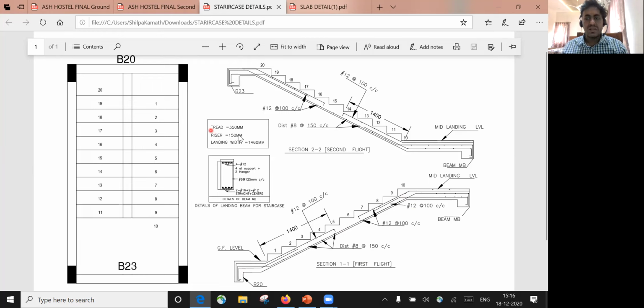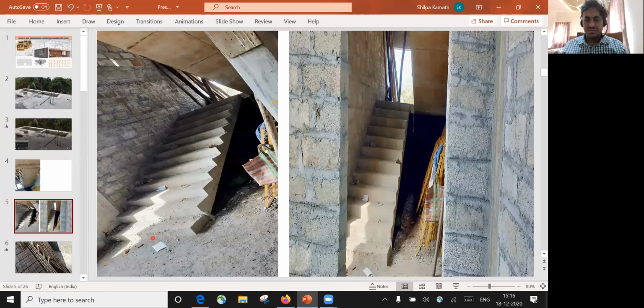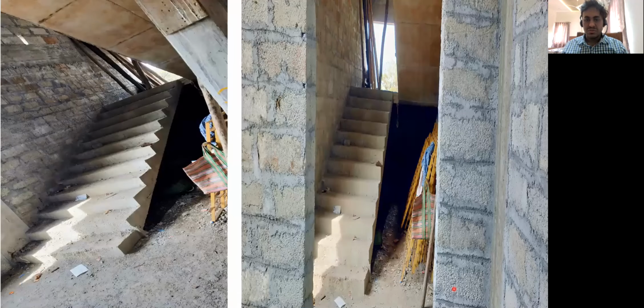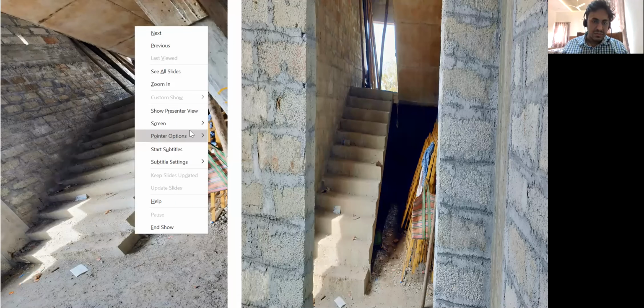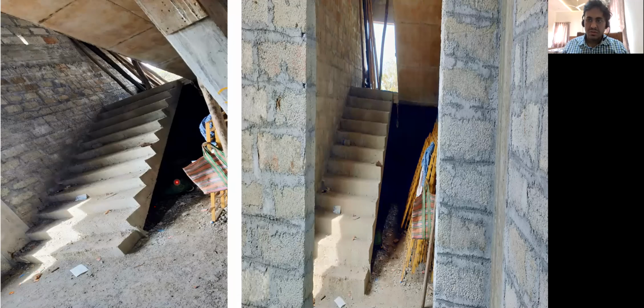The thread means that we'll try to see it through an image. This distance what you can see here, the place where you keep your foot, that is called as thread.